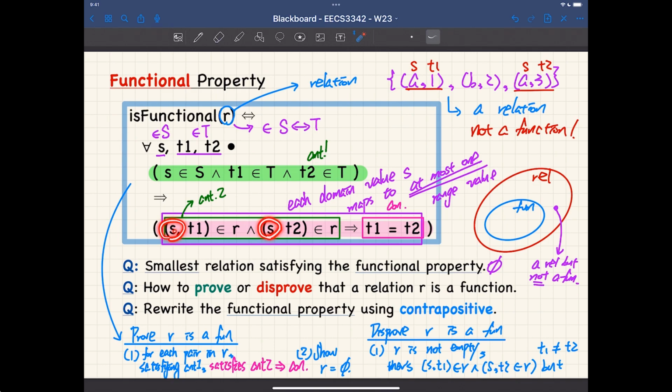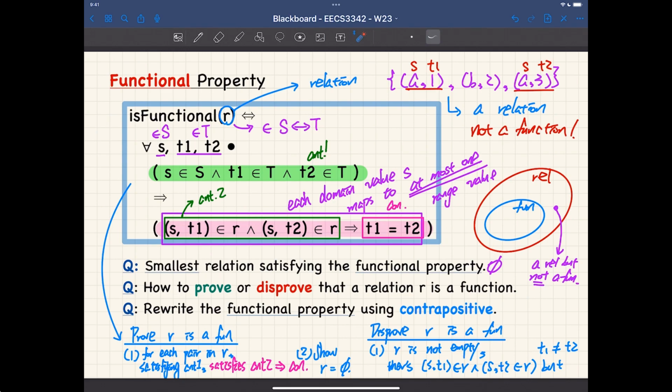So these are the only two pairs we can consider, A and A, S and S. And then T1 and T2 in general may or may not be the same. But in order to be a function, they must be the same. But now in this case, 1 and 3 are not the same, so they violate the functional property. Very good.